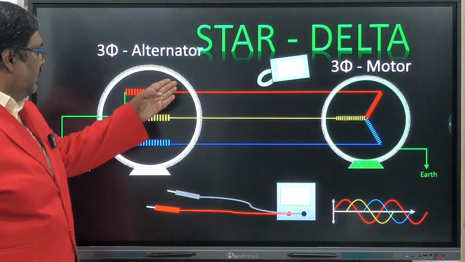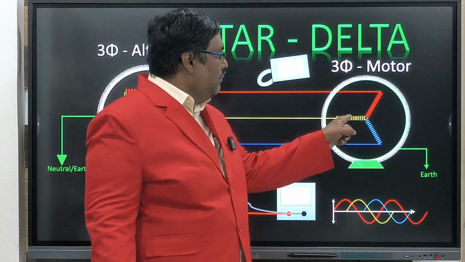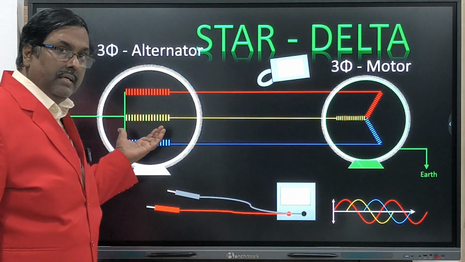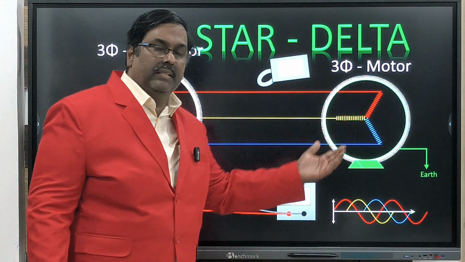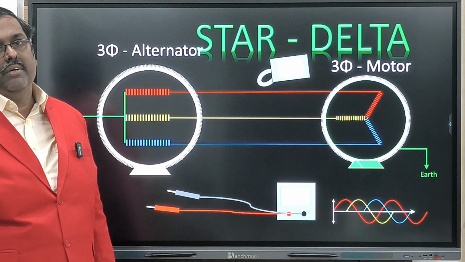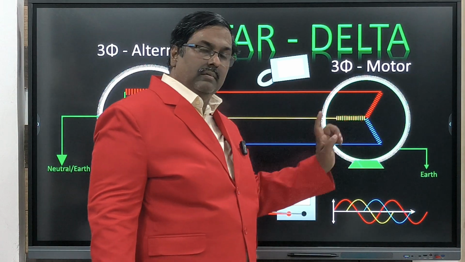I already connected all three phases to the motor, and I made it in a similar way to how it is connected here. This configuration is known as star configuration, because it is like a star, and like a Y shape.